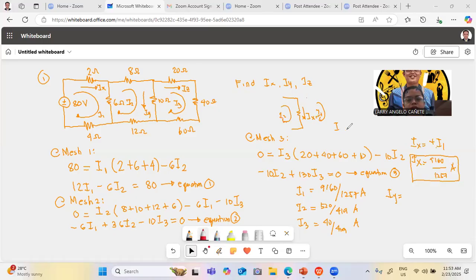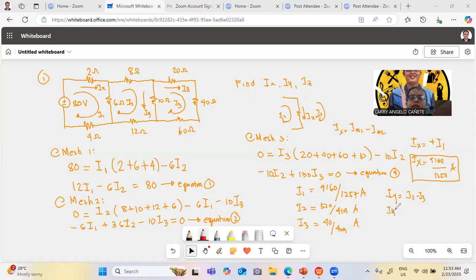IY is equal to your I mesh to the left minus I mesh to the right. So remember this, if the direction is downward, then between two mesh currents, left minus right. So depende kung ano yung mesh dito. Since the problem is I2 and I3, therefore this is I2 minus I3. Left minus right. If the direction is upward, right minus left.